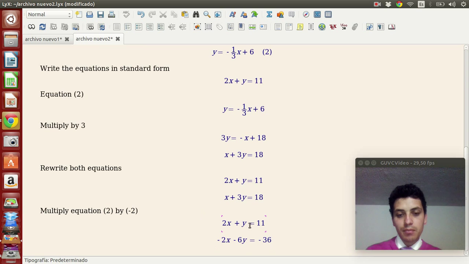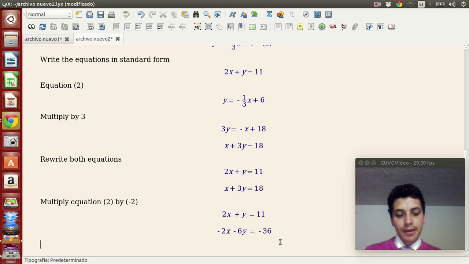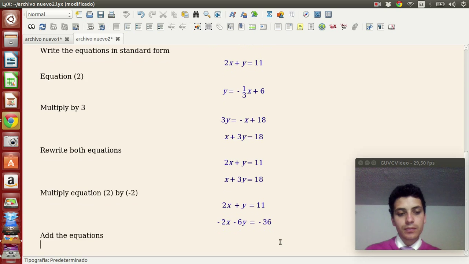Okay, so I have both equations here, and now we add the equations. Usually when I'm at the board, I write a horizontal line to show that we are adding the equations.